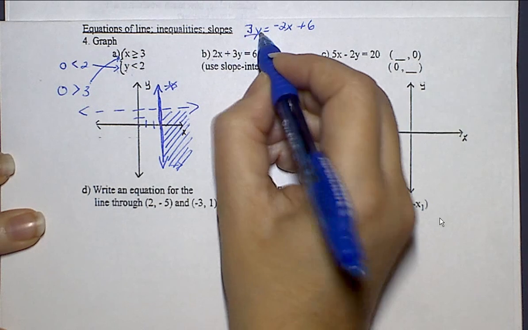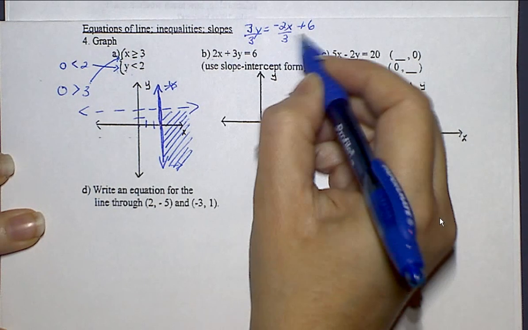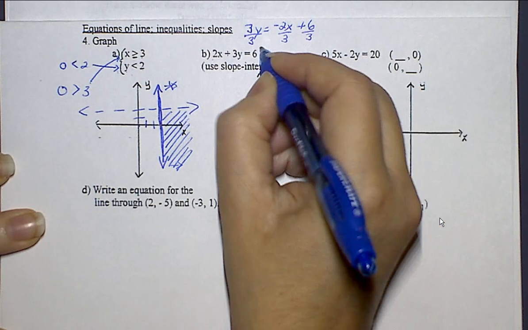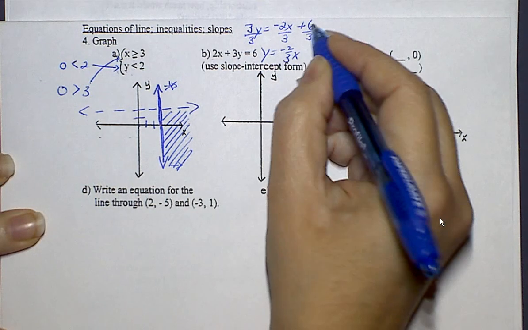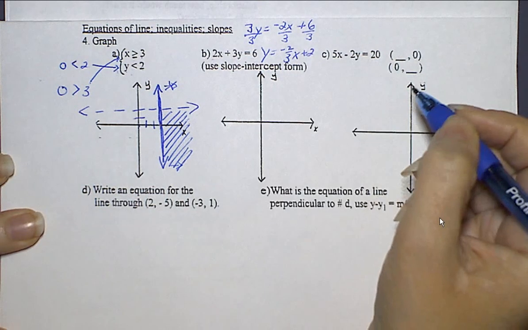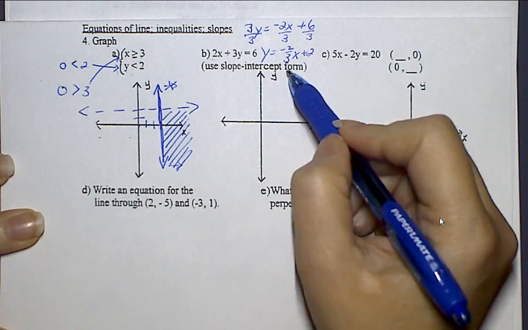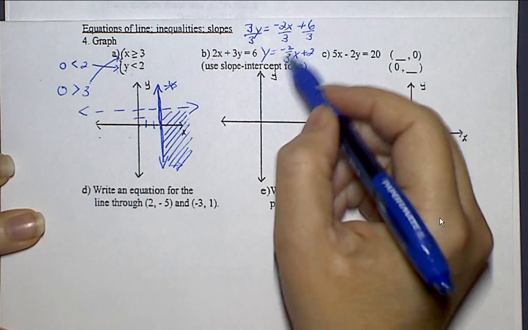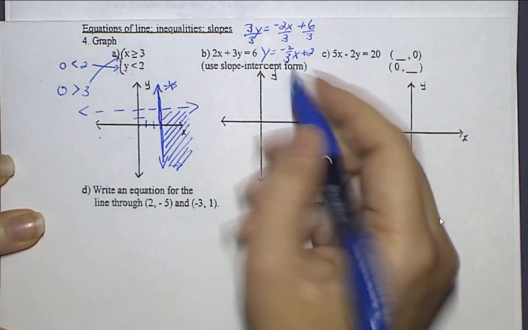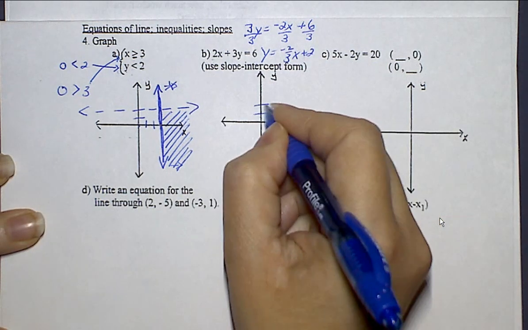Divide by 3. We have y equals negative 2/3 x plus 2. So since we're doing slope-intercept form, remember this is my slope, and this is my intercept, because it's slope-intercept. So I'm going to go to 2, 1, 2, and I'm going to put a point.